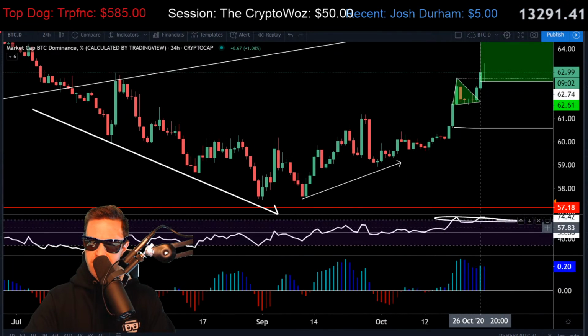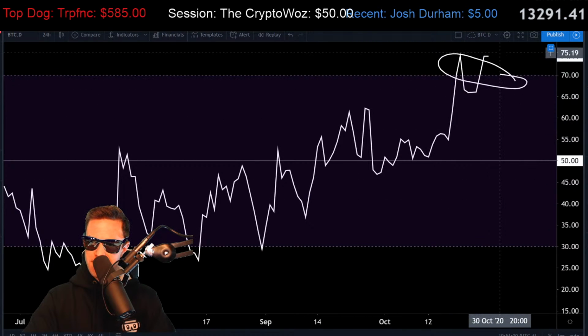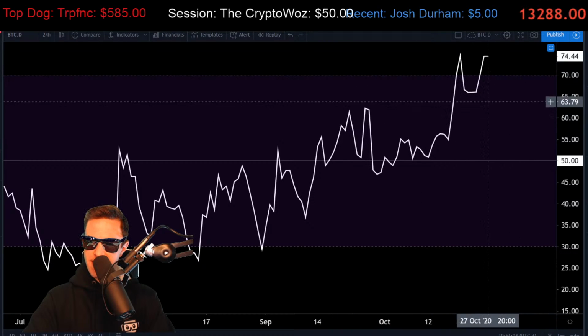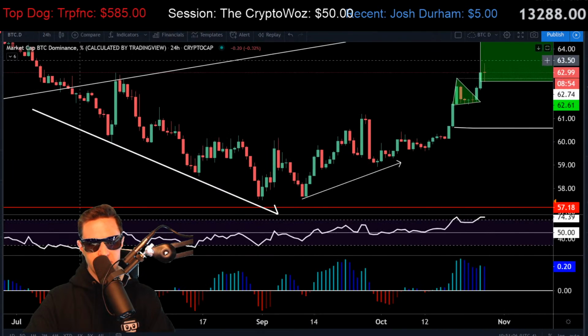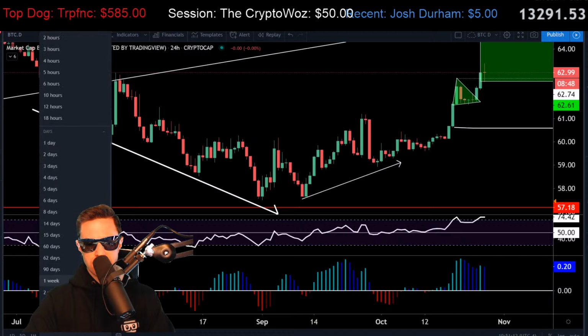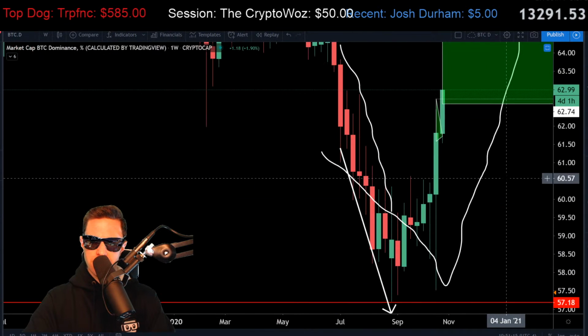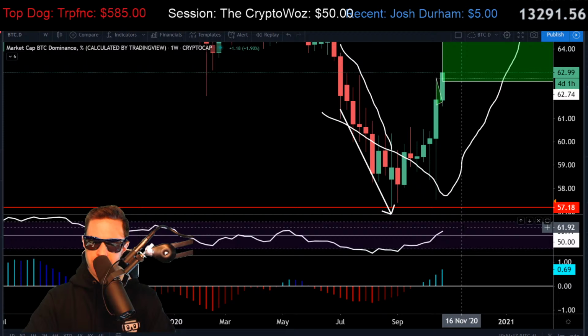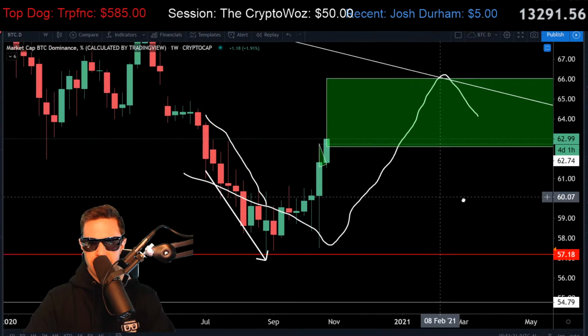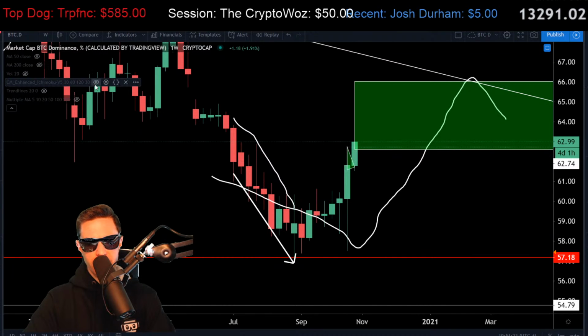We see bearish divergence on the daily on our highs right here. Lower RSI high, higher high on the chart. We see it on the 4-hour. We don't see it on the weekly yet. We don't see any signs of weakness at this point for Bitcoin dominance, but we do have something that could suggest resistance.